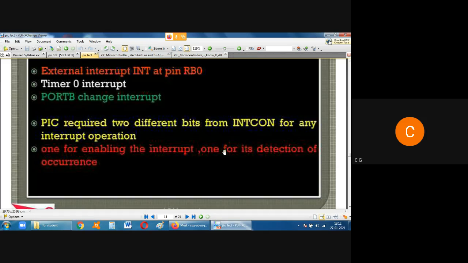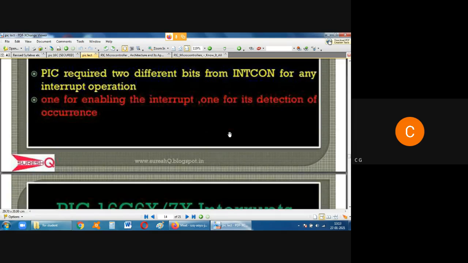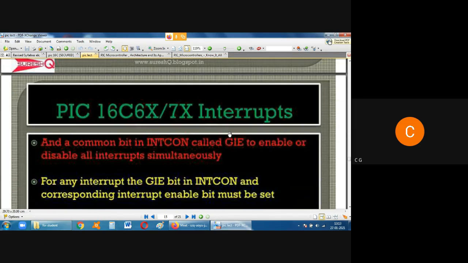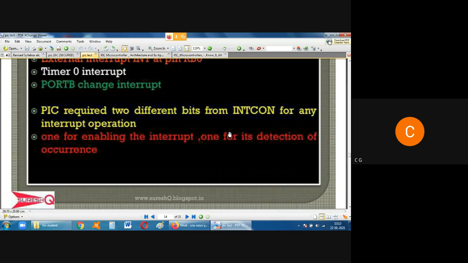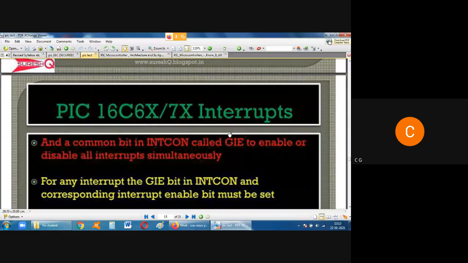If both bits are enabled, interrupt enable is set to 1, and detection of occurrence is set to 1, then and only then the PIC microcontroller is going to listen to the interrupt, right? So that is the advancement over its previous microcontroller.